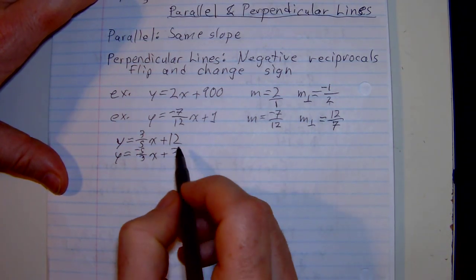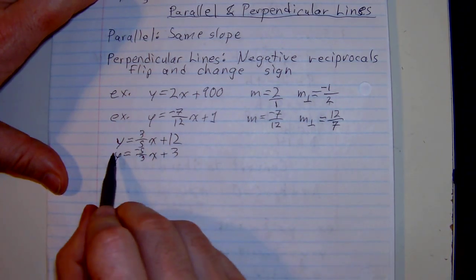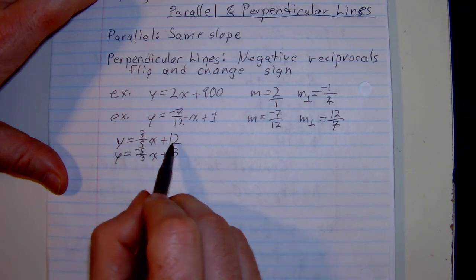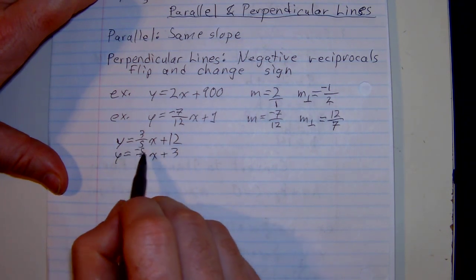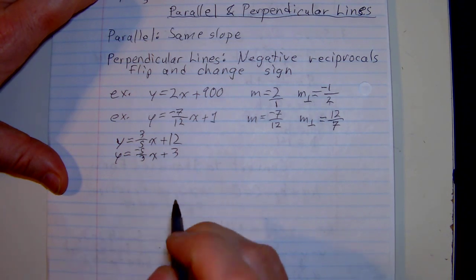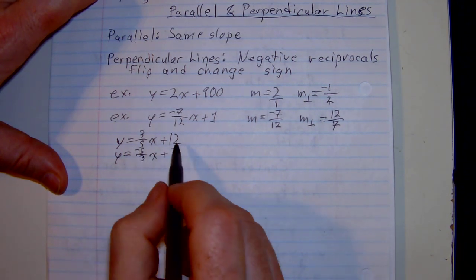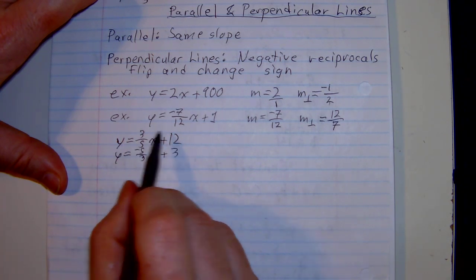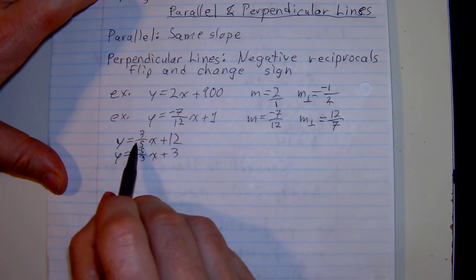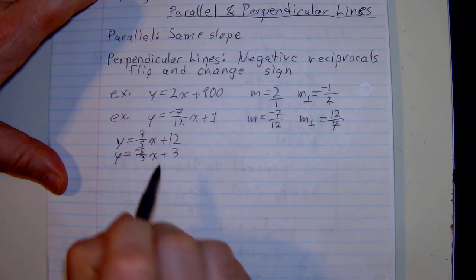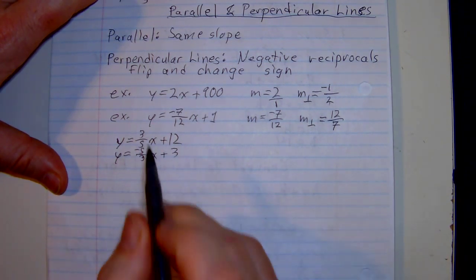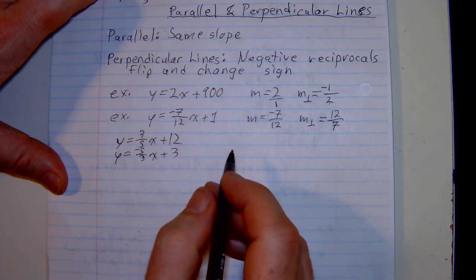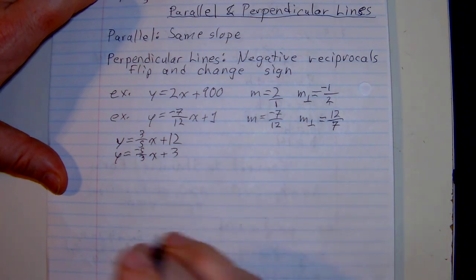Well, when you do this, always start by arranging the line into slope-intercept form, because you need to see the slopes, and we kind of need the intercepts for a little piece of this as well. So if it's in some other form, rearrange it, get the y by itself on one side, and simplify everything else down so you have y equals mx plus b. And then once you can see the slopes, then start your evaluation of whether they're parallel or perpendicular.